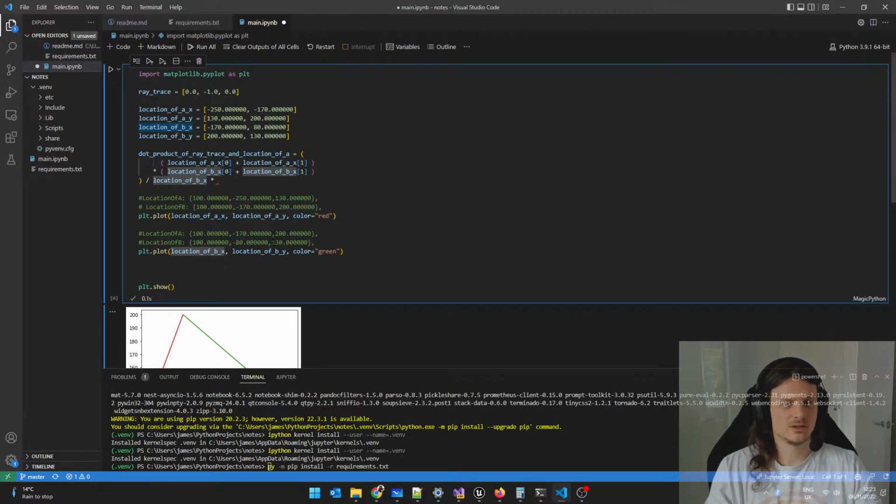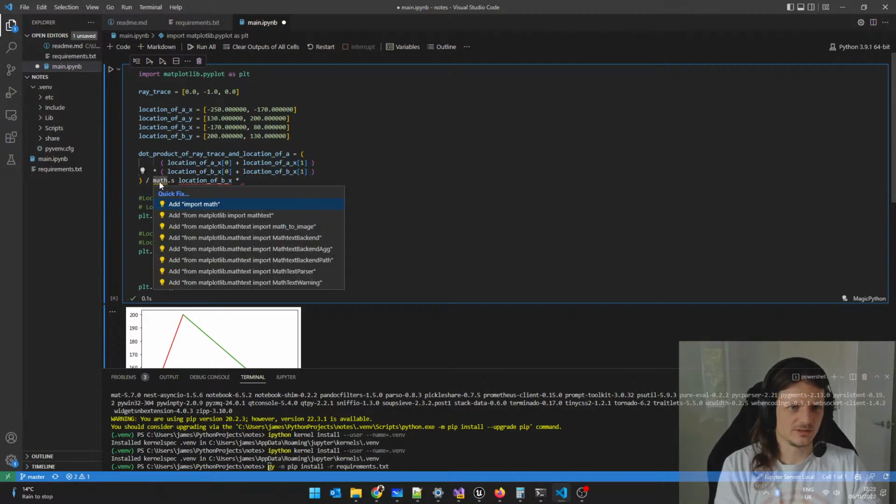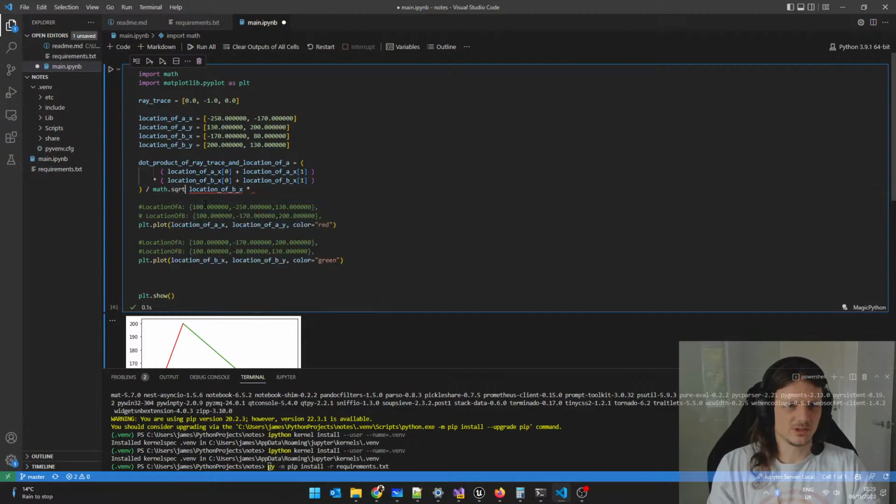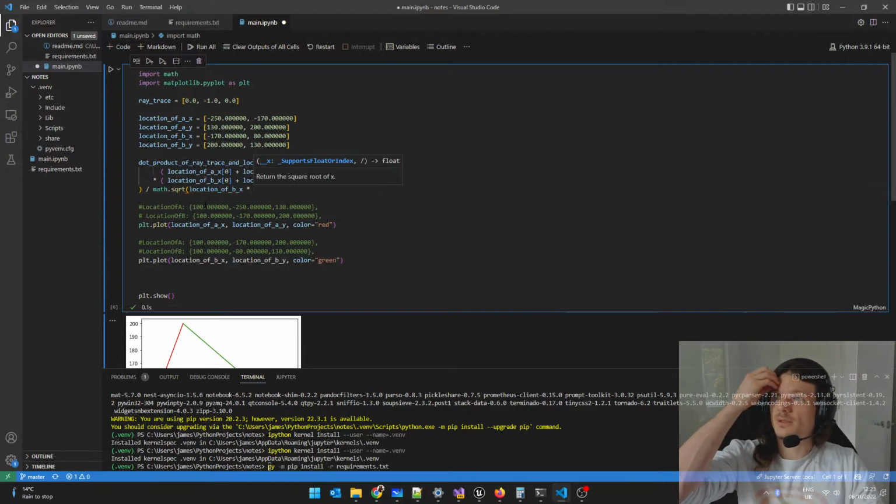So let's do that then, math.squirt. I actually don't know how to do that in C, let me see if I can include that. Is it squirt? Yeah, squirt. Give it a good squirt. Location of b, square root of location of bx, is it times or plus? I can't remember the equation here. Plus. Alright.